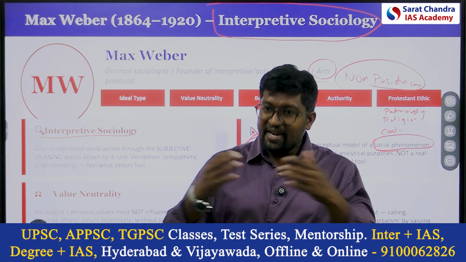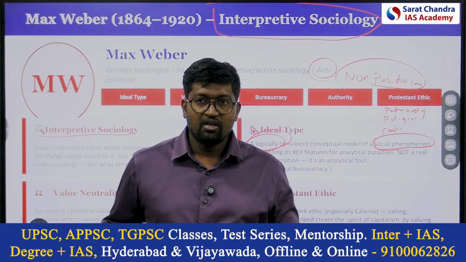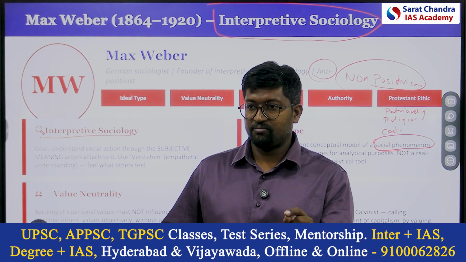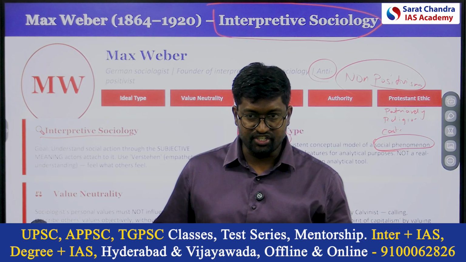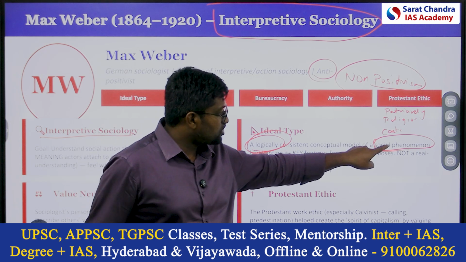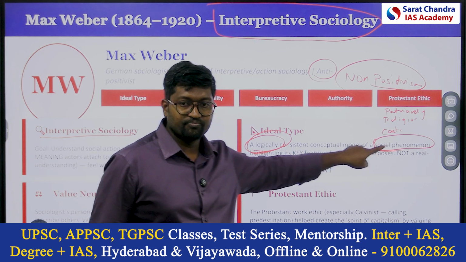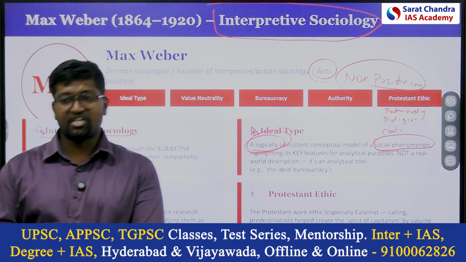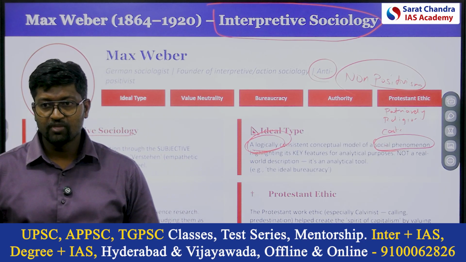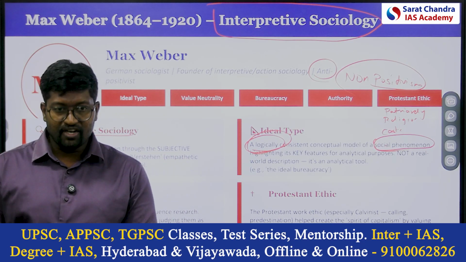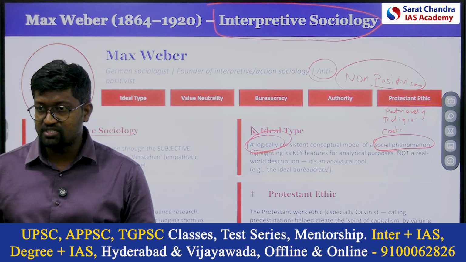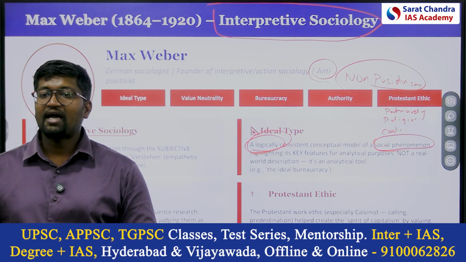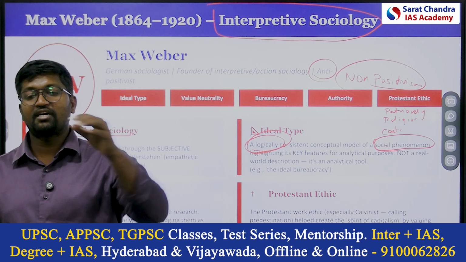To understand reality, what is that structure you are constructing? Ideal type is like a stick to a blind man to reach his destination. For a sociologist to understand a social phenomenon, ideal type is a logical construction. For a blind person, the stick is what guides him to his destination.